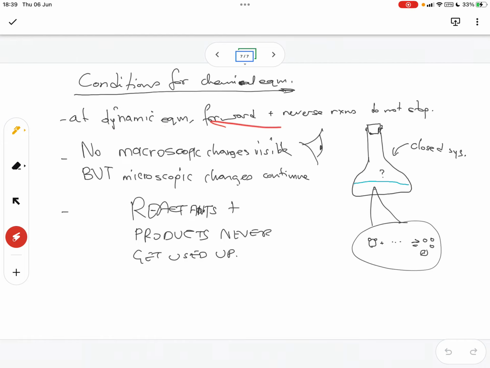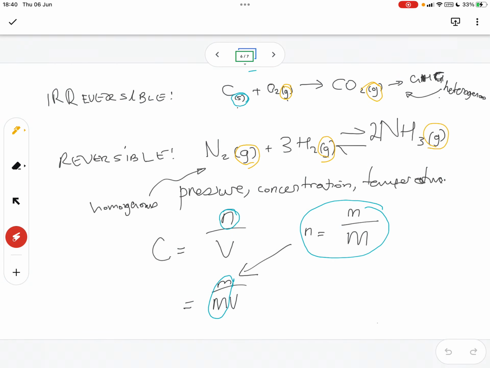And then lastly, there are specific conditions for chemical equilibrium. The first one is that when dynamic equilibrium is reached, the forward reaction and the reverse reactions continue, they don't stop.